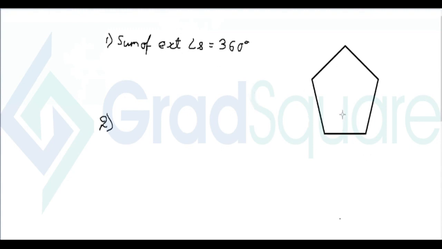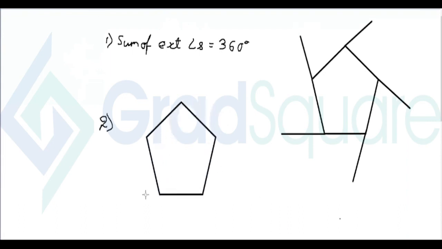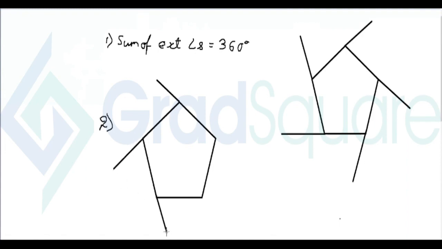Similarly, this pentagon will have 5 exterior angles that can be formed by producing the sides in the clockwise direction like this, and I can have 5 more by producing the sides in the counterclockwise direction like this. Okay. So in total I will have 10 exterior angles in this pentagon.